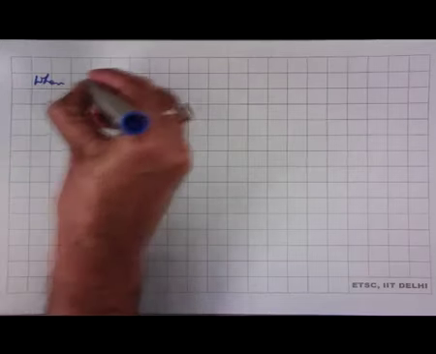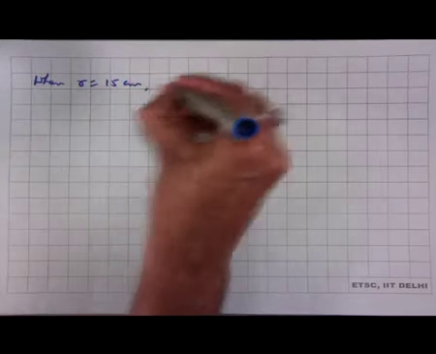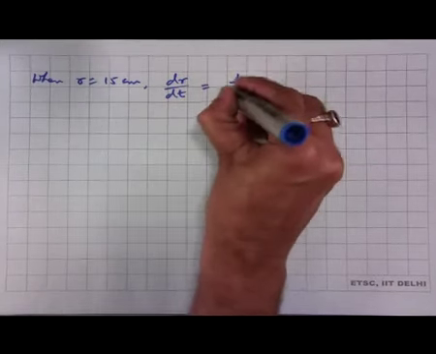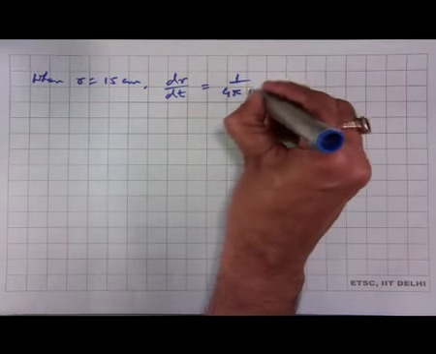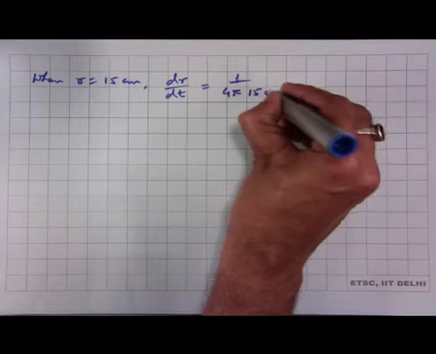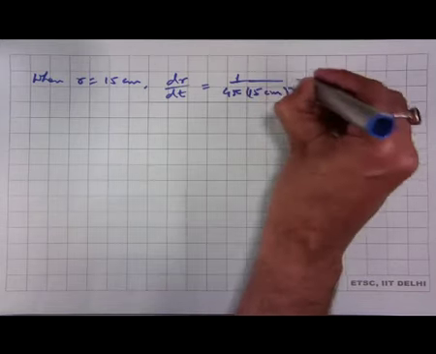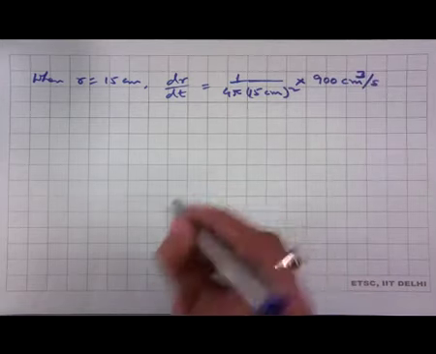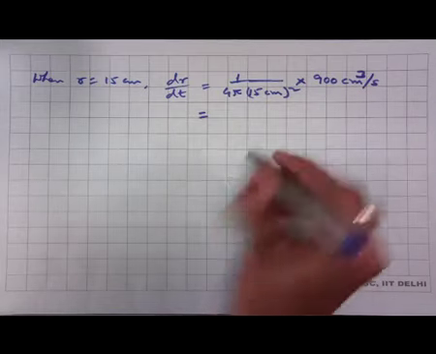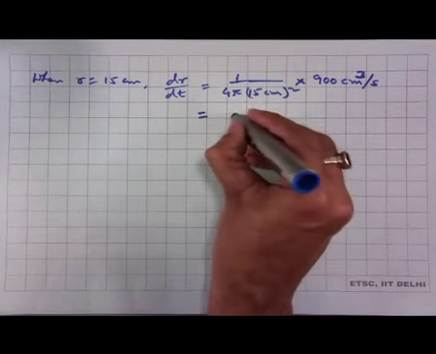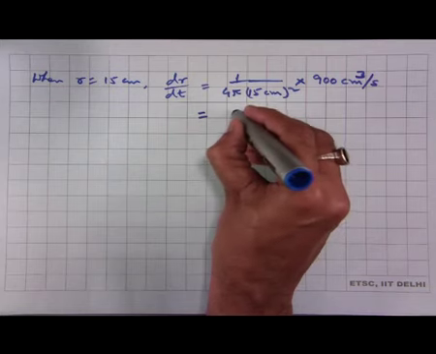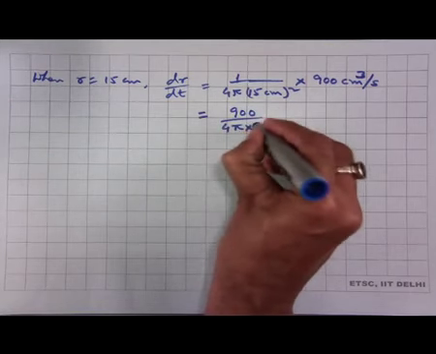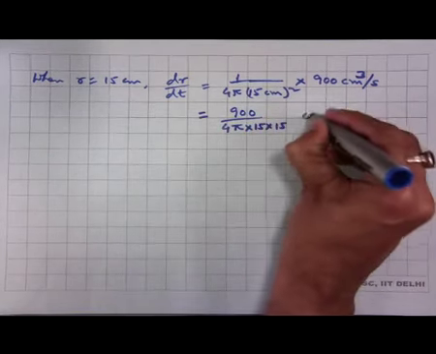So, when r is 15 centimeter, dr/dt is 1 by 4 pi times 15 centimeter squared times 900 centimeter cubed per second, and this gives 900 divided by 4 pi into 15 centimeter per second.